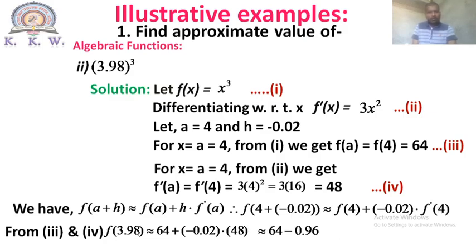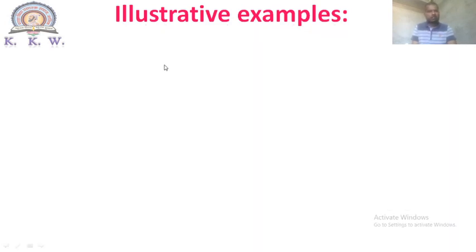Therefore, f of 3.98 approximately equal to 63.04. Therefore, approximate value of 3.98 cube is equal to 63.04. We'll see one more example.